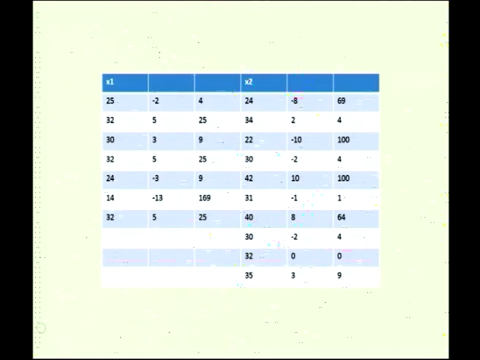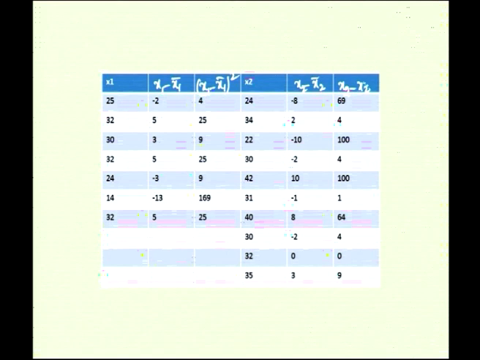Now, we have this tabular column. This is x1, this is x1 minus x1 bar, and this is x1 minus x1 bar whole square. This is x2. All these are already calculated, but while doing the problem you have to calculate them. Then x2 minus x2 bar, then x2 minus x2 bar whole square. The x1 values are 25, 32, 30, 32, 25, 24, 14, 32. And what is summation x1? Summation x1 is 189.